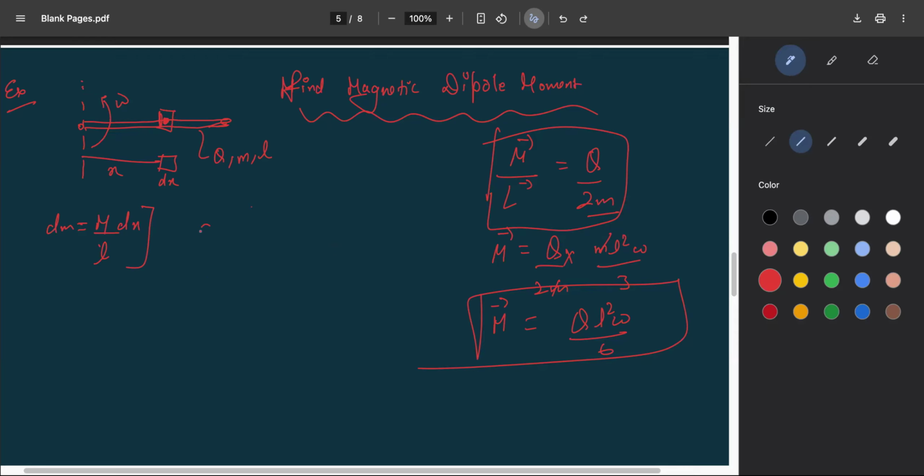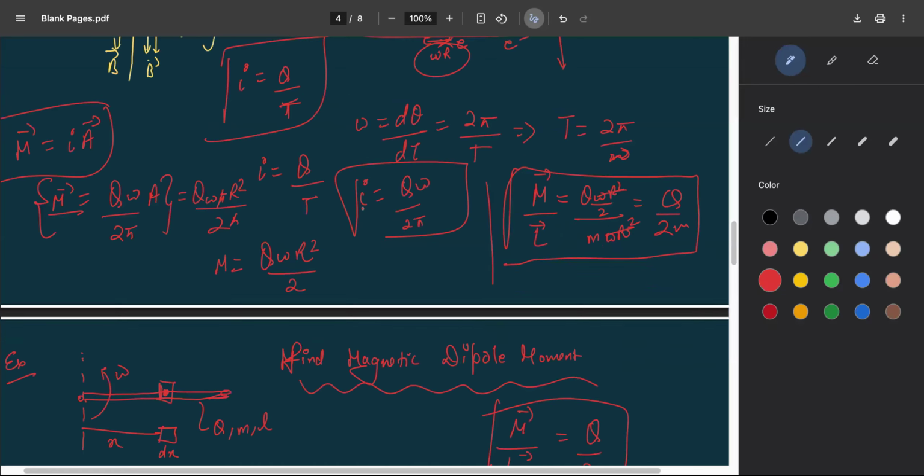So the magnetic moment will be nothing but current I. What is that I? That is charge, dq divided by time. One revolution, because it's omega, it will always be omega by 2 pi. This is the whole current, multiplied by the area.